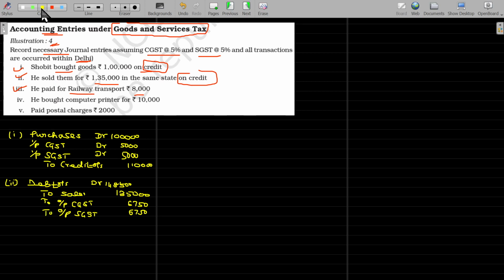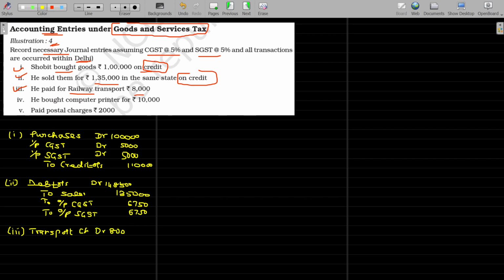Third one, he paid for railway transport rupees 8,000. He paid for railway transport. Whatever the payment may be, probably goods purchased or railway services you enjoyed, for that also GST will be applicable. That GST is also recoverable. So for the railway transport payment, the entry being transport charges account debit, the value being 8,000 rupees.